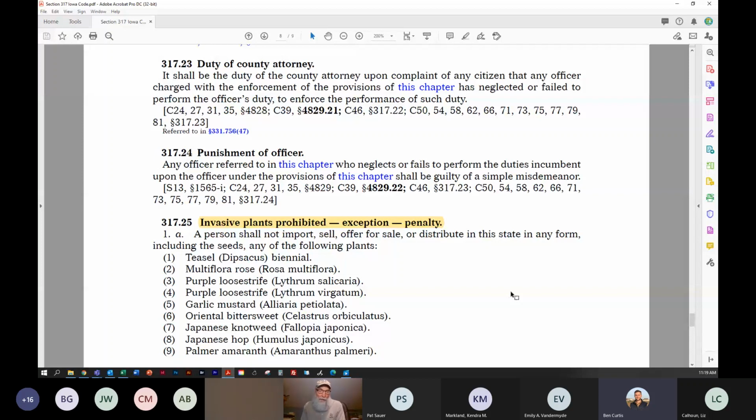And I think when we think about invasive, again, the way they've defined a noxious weed, any species that's really, truly strongly invasive should probably be on that list.